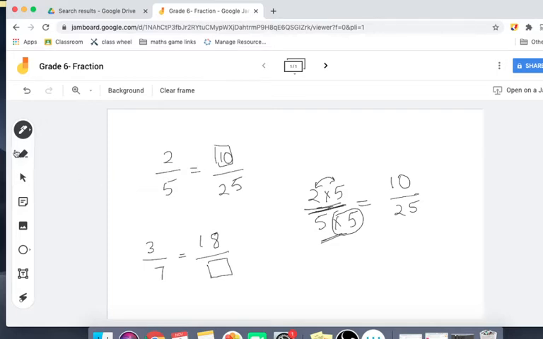Okay, so let's understand this. Think about it: what do we have to multiply with 3 so that we can get 18? Think about it, then I will explain the same.